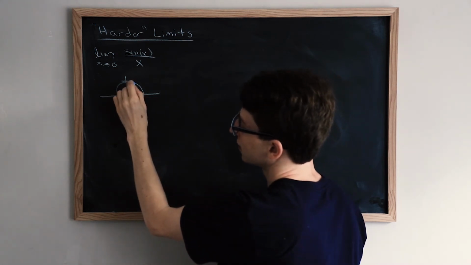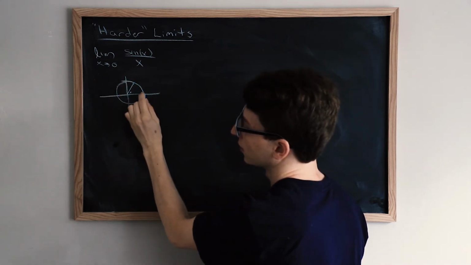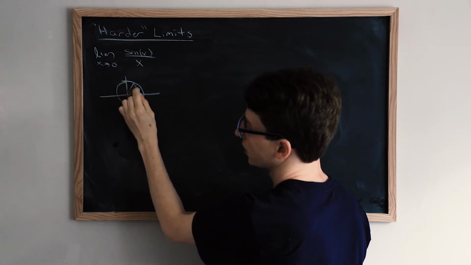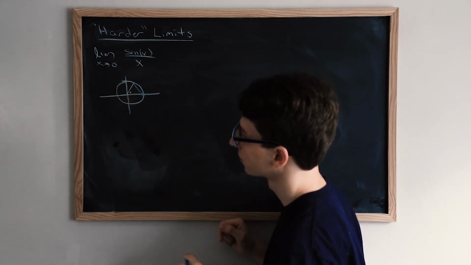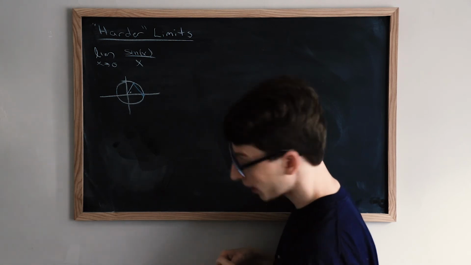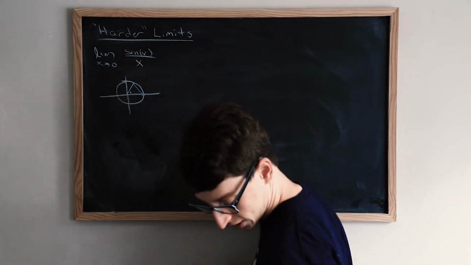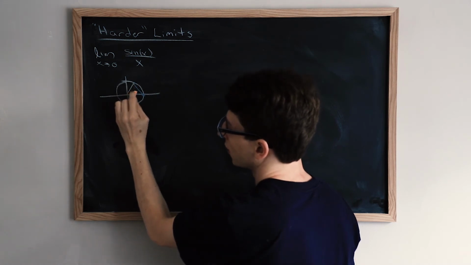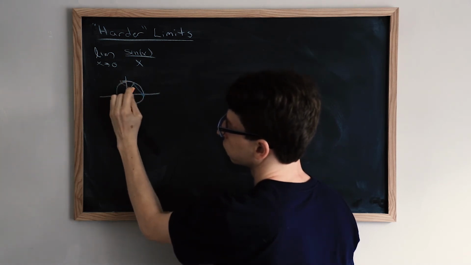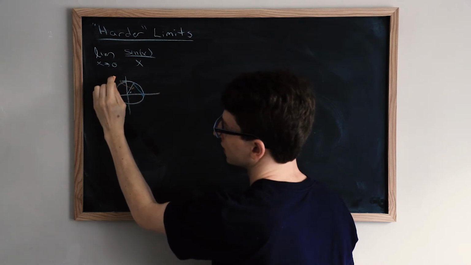First, let's connect the top point here to this point 1, 0, where the circle intersects the x-axis. The height here is going to be sine of x. So let's draw this in orange, saying that this is sine of x.